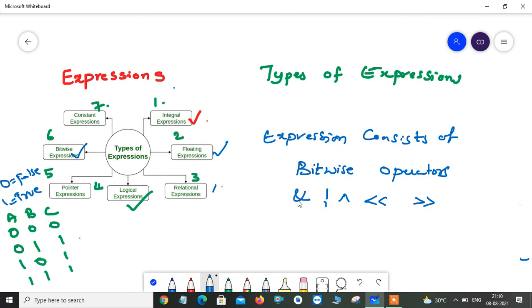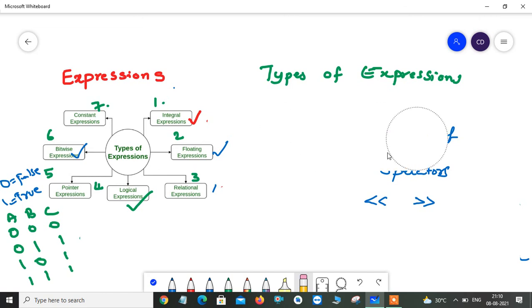These operators operate at bit level. It is also similar to your logical operators like logical AND, how they are evaluated, that way your bitwise operators are also evaluated, but the level at which they operate is different, right? So that is your bitwise expressions.